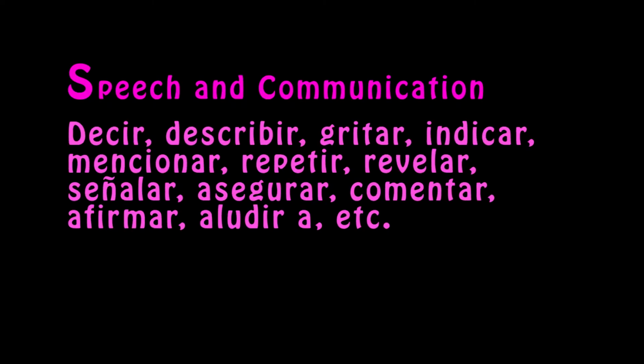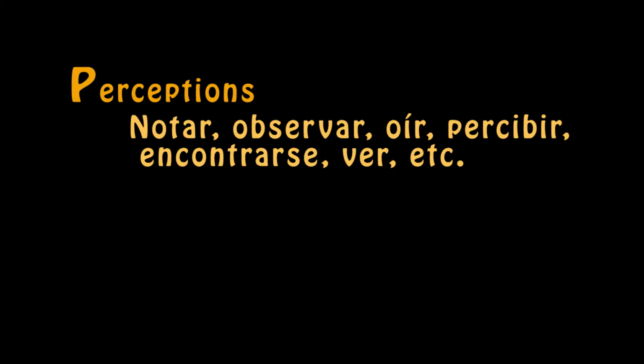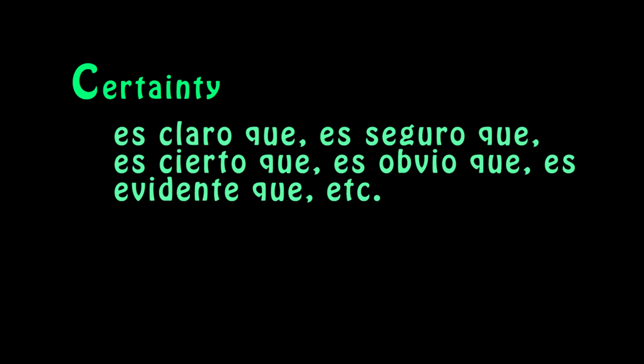For speech and communication, you'll find verbs such as decir, describir, gritar, indicar, mencionar, repetir, revelar, señalar, asegurar, comentar, afirmar, aludir a, etc. For perception, you will find notar, observar, oír, percibir, encontrarse, ver, etc. For occurrences and events, you will find verbs such as ocurrir, suceder, pasar, acontecer, etc. In certainty, we'll find es claro que, es seguro que, es cierto que, es obvio que, es evidente que, and more.